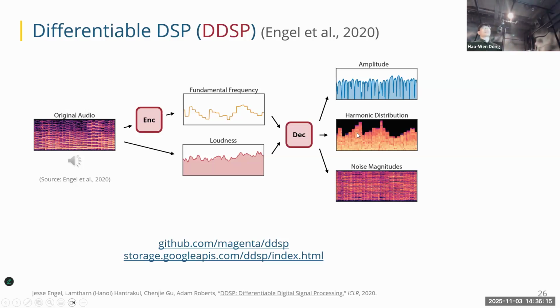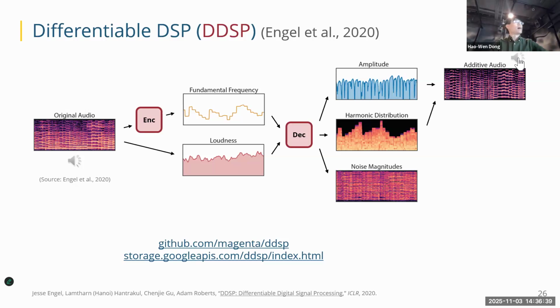Then the harmonic distribution is like a spectrogram, thinking about how F0, 2 F0, 3 F0 are distributed in your harmonics. These two things you can combine together into something like this.